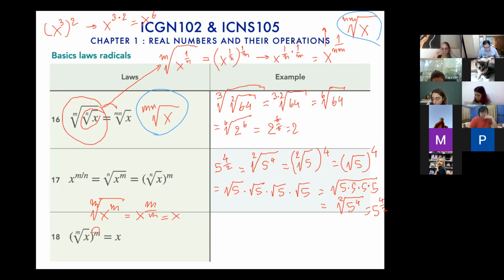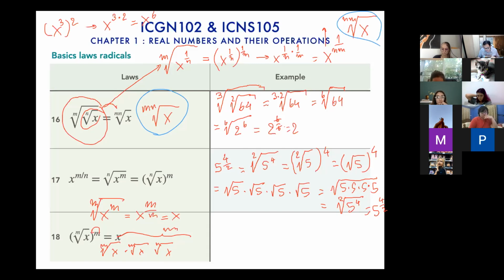Or if you want to do it straightforwardly, when you have m root of x to the power of m, you have the term m root of x multiplied by m root of x, multiplied by m root of x altogether for m times.